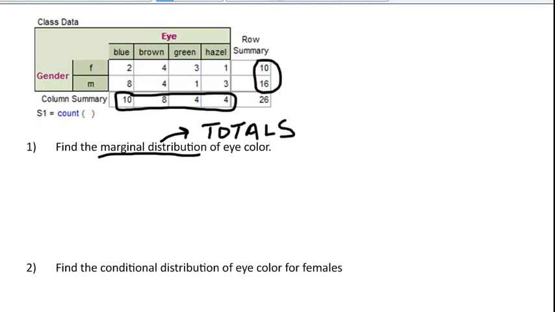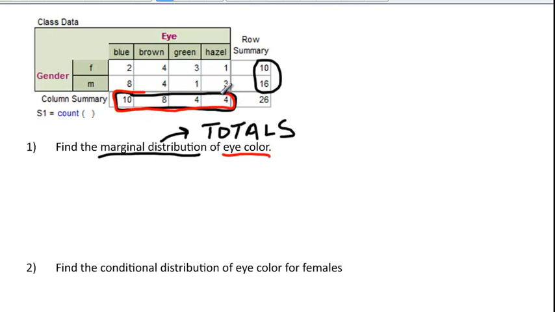In this problem, I'm asked to find the marginal distribution of eye color. So I have blue eyes, brown eyes, green eyes, hazel eyes, and I want to know what percentage of the students have blue eyes, what percentage have brown, green, and hazel. In order to complete this problem, I need to be looking at the column summary.